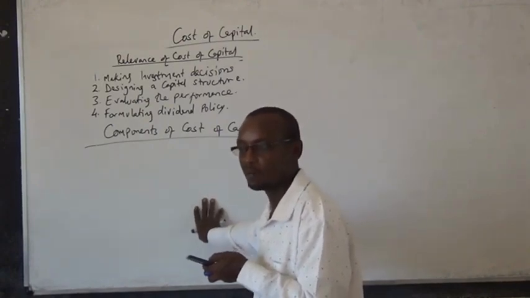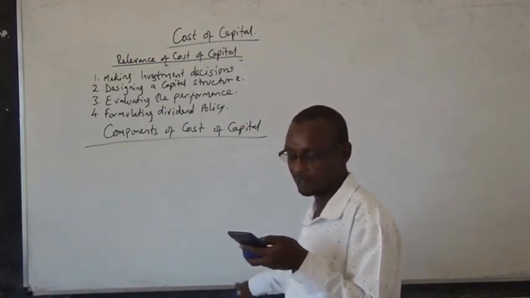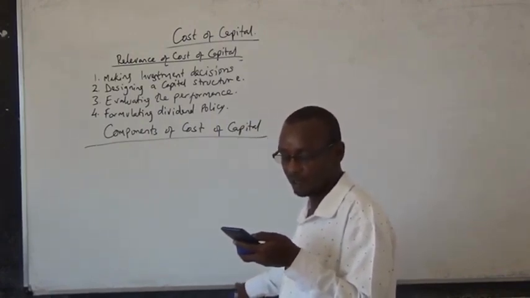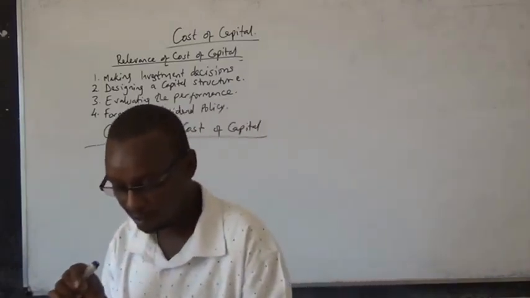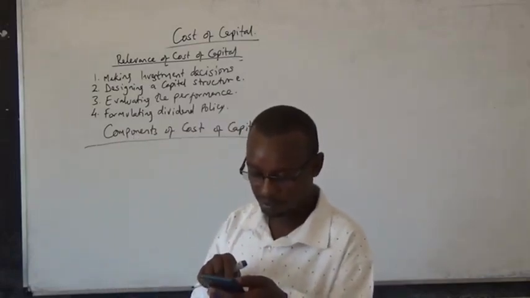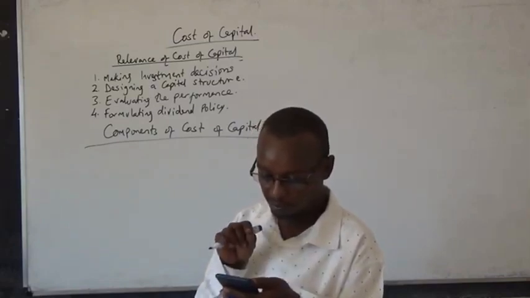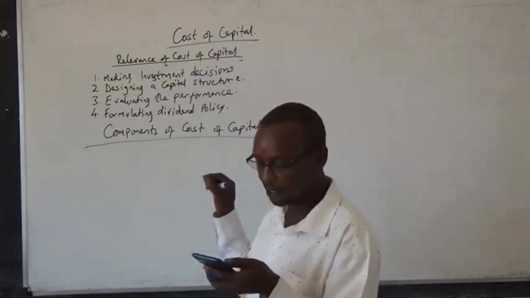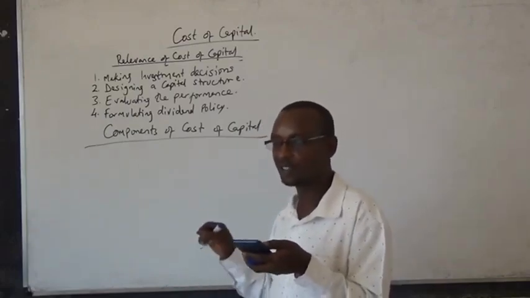Debt is a component, and retained earnings is a component, okay? So the component of cost of capital is also known as the specific cost of capital, which includes the individual cost of debt, preference shares, ordinary shares, and retained earnings.